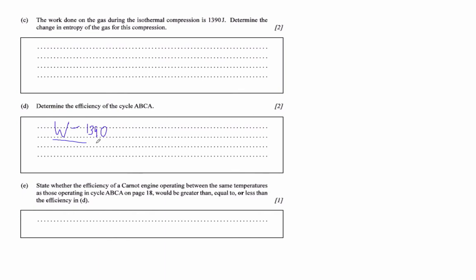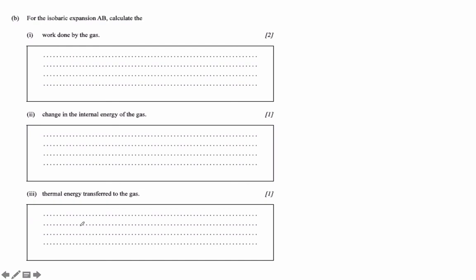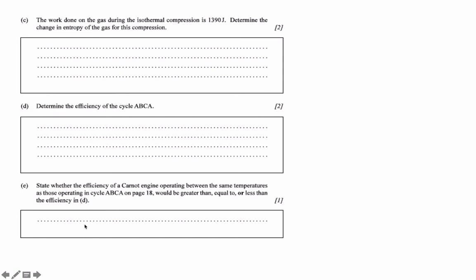And then the heat that flows in is the answer to this question here, okay? Thermal energy transferred to the gas. That's in the denominator, okay? So your thing is going to be the work done by the gas minus the work done on the gas over the answer to B, I. Okay, that'll be your efficiency. And it is between 20 and 30%, okay?